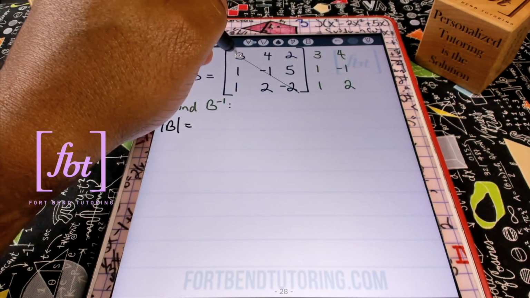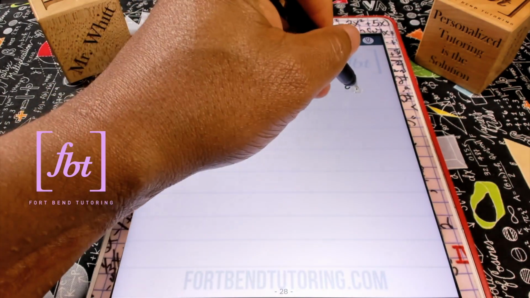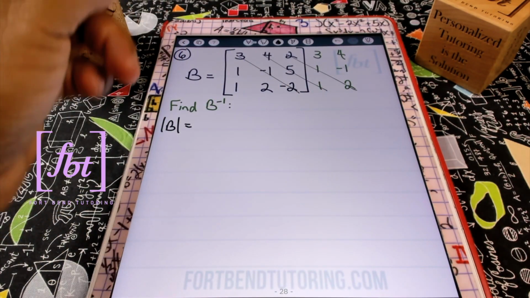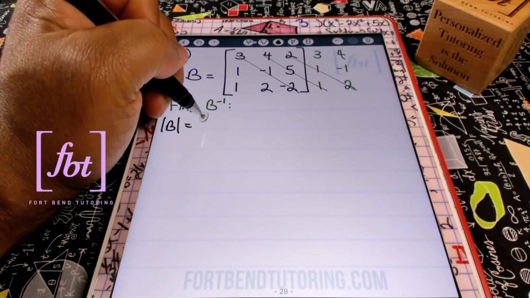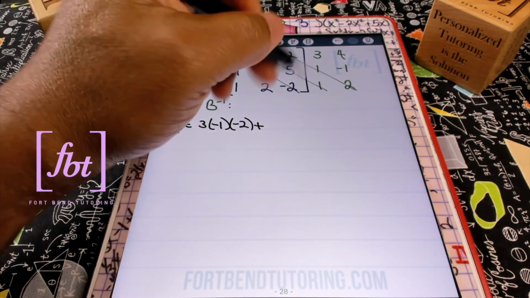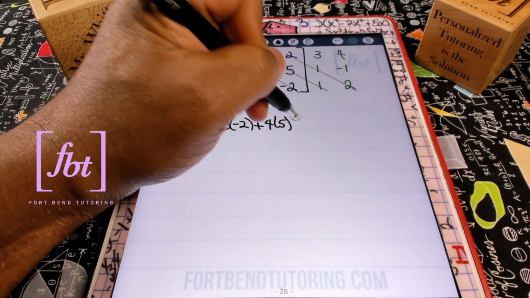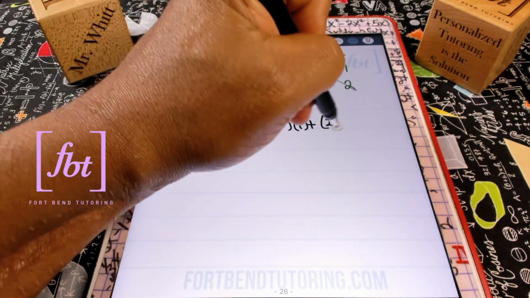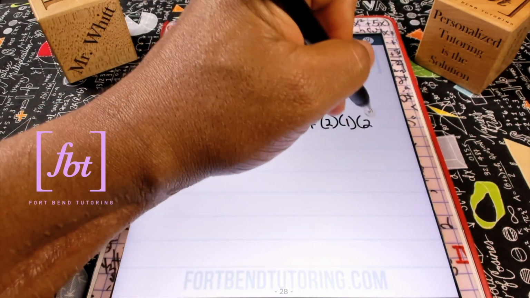Then we want to focus on the diagonals, moving from the upper left to the lower right and adding those products together. I'll have 3 times negative 1 times negative 2 plus 4 times 5 times 1 plus 2 times 1 times 2.